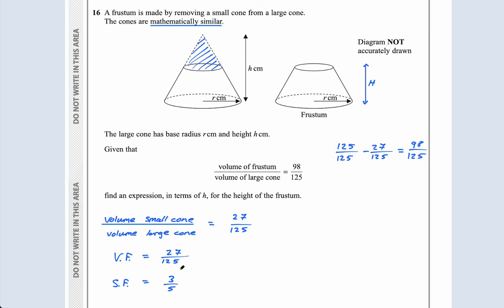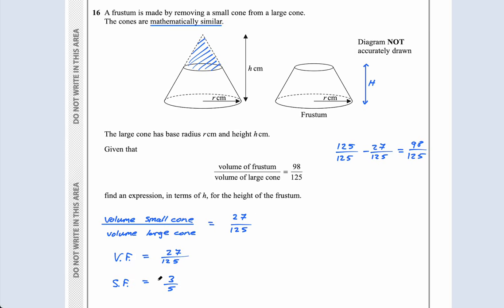3/5. And to be honest, the way I figured out how to do this question is as soon as I figured out it was 27/125, I could see the 3/5 when I cube rooted it. 27 and 125 are cube numbers, and they fit nicely. Often they come up in different types of questions.